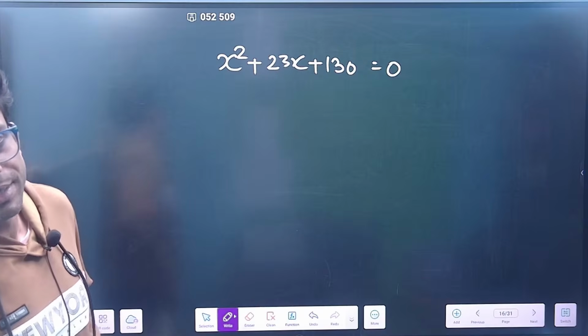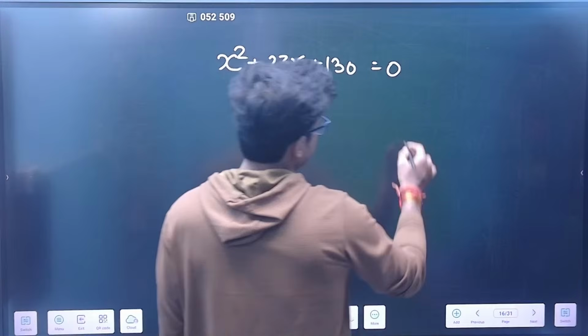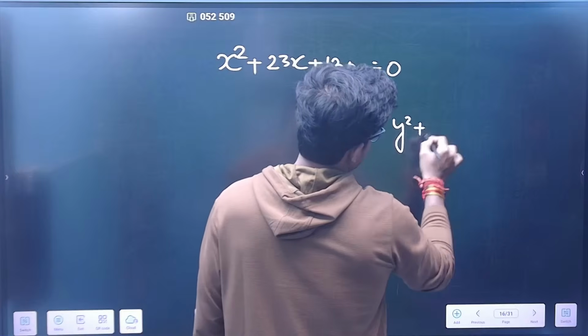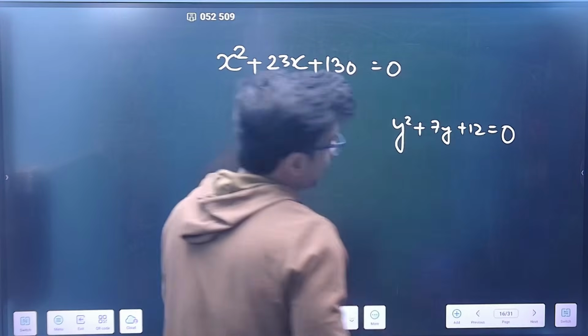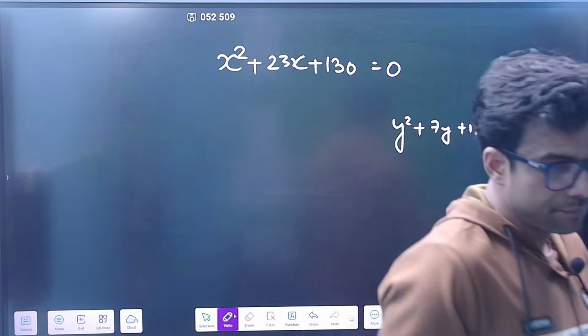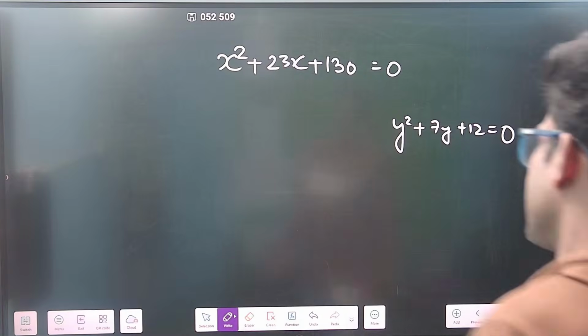And the second is y square plus 7y plus 12. Guys, let me explain the first part, and then I will give you homework. You can solve that on your own also, right? That's up to you.